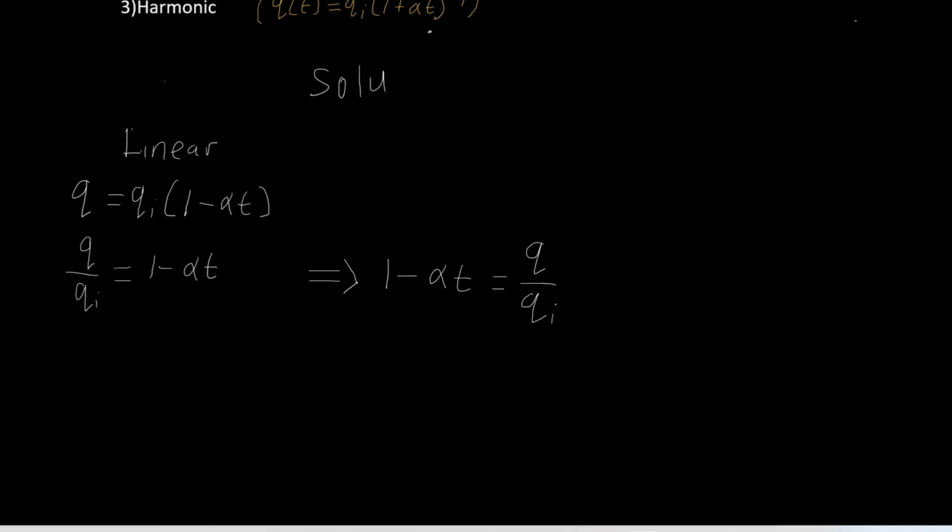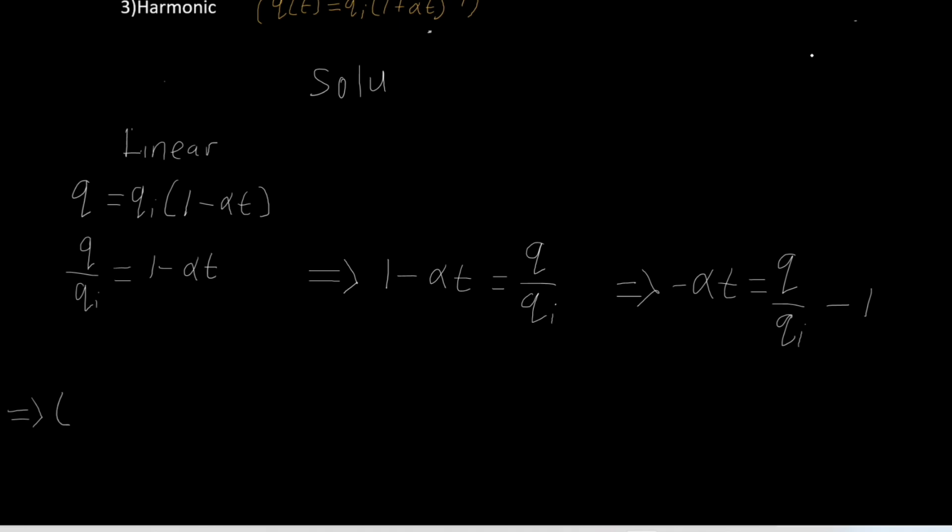From here, let's take the 1 over to this side, and we have that minus alpha t is equal to Q over QI minus 1. Let's continue from here.